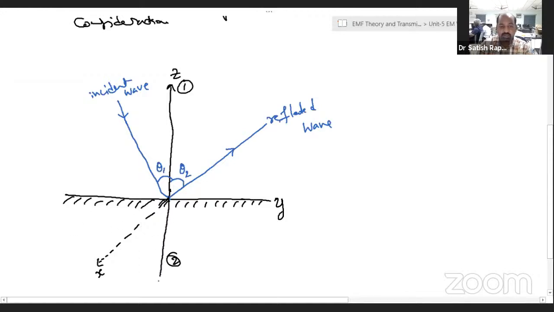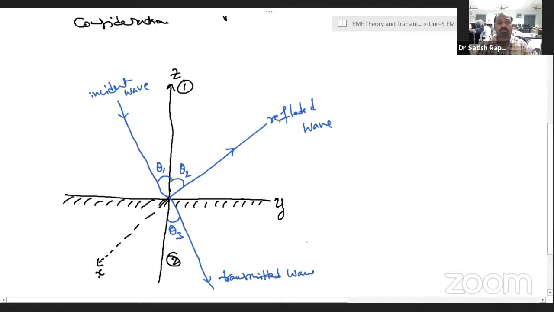This is the vertical line, the z-axis, and part of the wave transmits. So this is the transmitted wave, and this is called the angle of refraction.